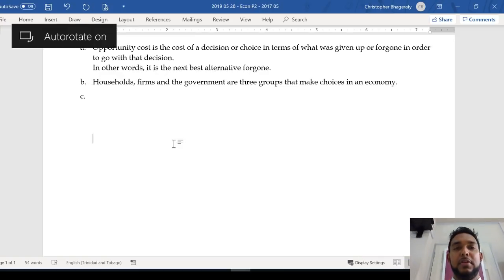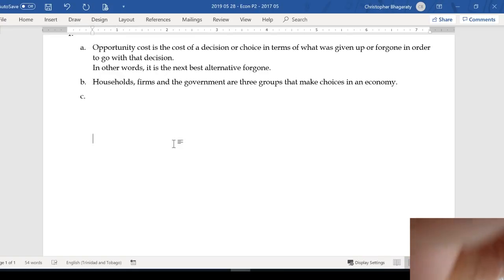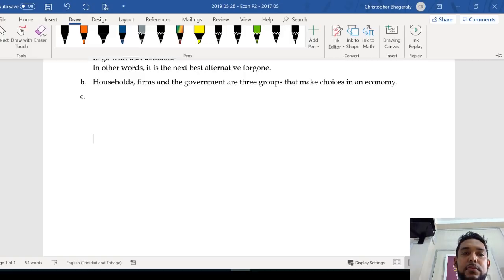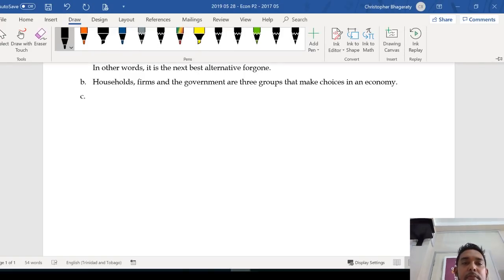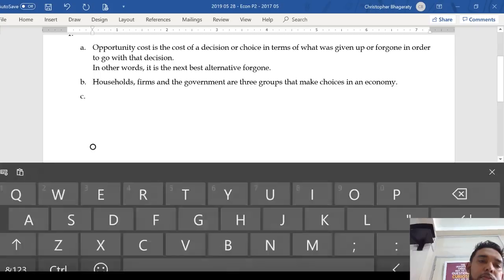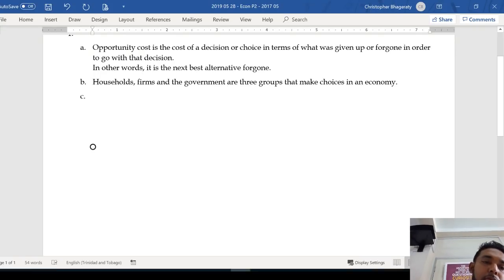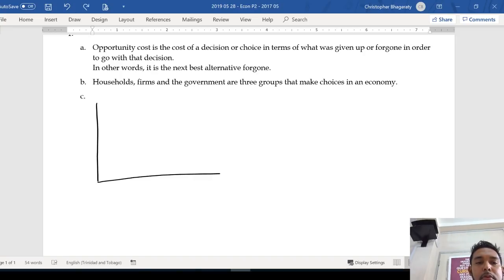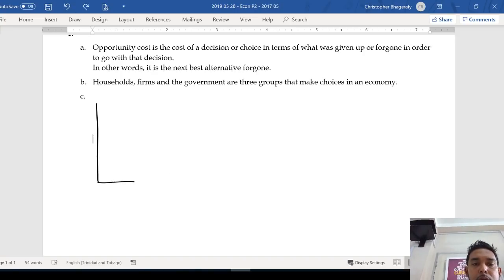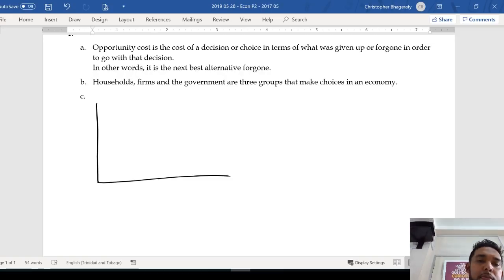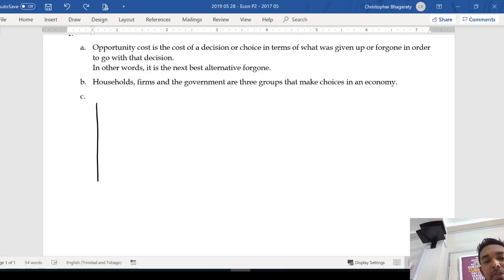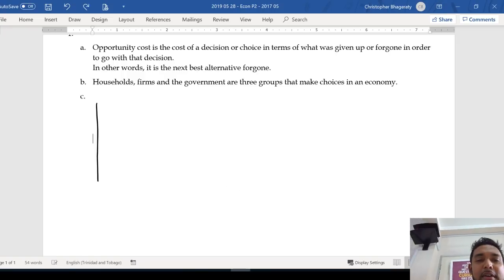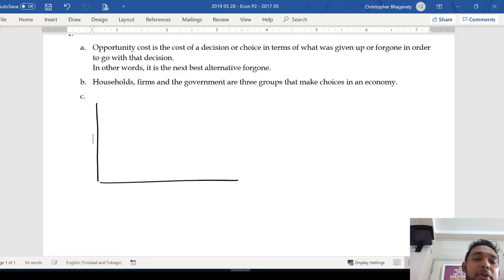All right, so let's do that. Actually, no, I wanted it to be slightly straighter than that. All right, that'll work.